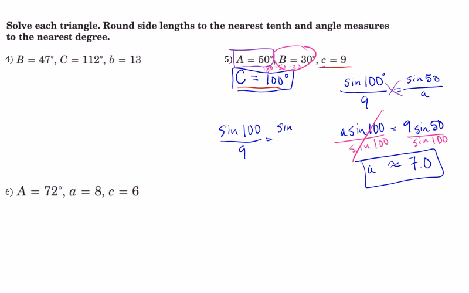Then sine of 30, using that angle, over little b, which is opposite of big B.